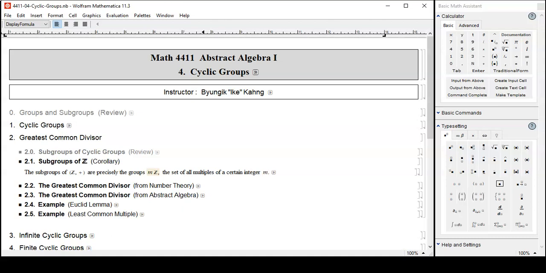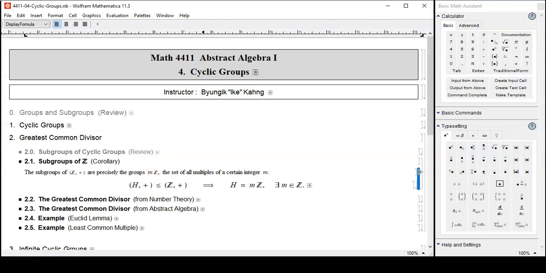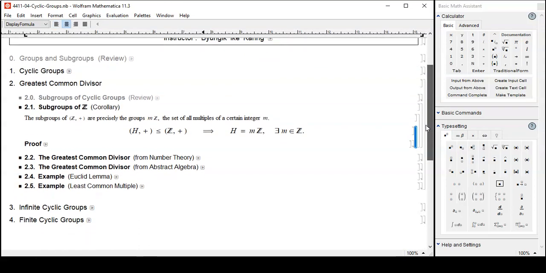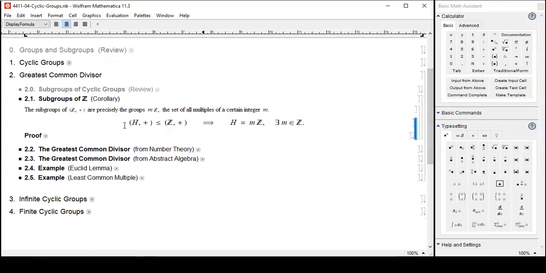So what do we have here? Every subgroup must be in this form, mZ form, the set of all multiples of a certain integer m. There's nothing else. Well, here's a proof, but as a matter of fact, what I just said is enough. Start from an arbitrary subgroup H, then H must be cyclic too, so there's got to be a certain generator m.